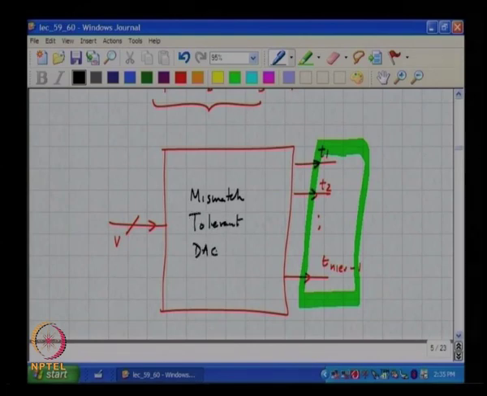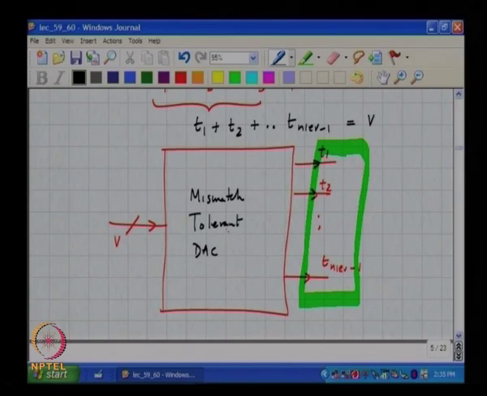right. It is not only important to make sure that these are linear functions of V, it is also important to make sure that at any instant of time T1 plus T2 plus T n level minus 1 must be equal to V, right.